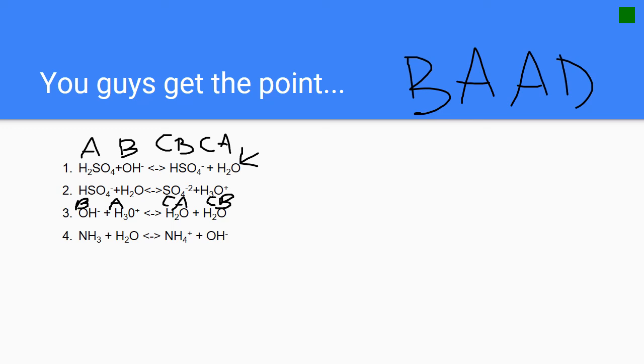When there's a substance that can act as either an acid or a base, depending on the reaction, we call those amphoteric substances. So the final question, number 4, NH3 plus H2O produces NH4 plus plus OH minus. In this one, you can see that the NH3 is accepting the hydrogen, so it is the base.